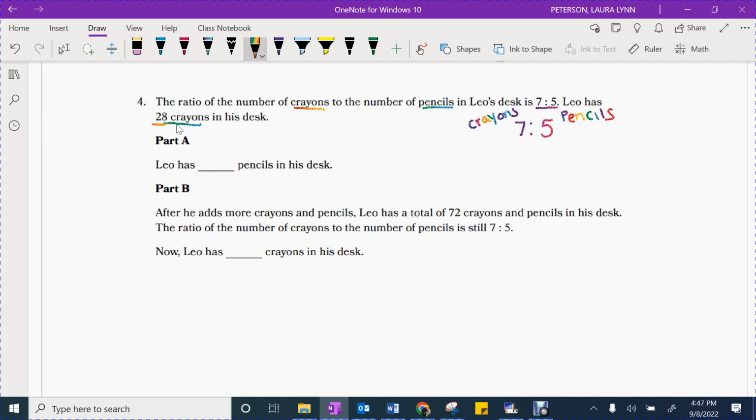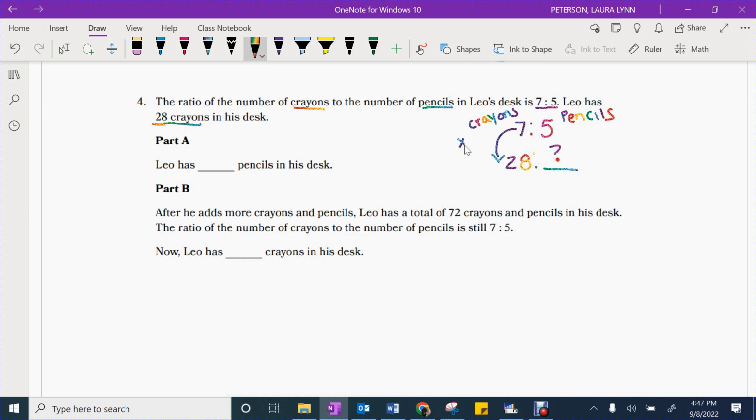What I'm going to do is match up the information I know. I know there's 28 crayons. So on my crayon side below, I'm going to write there's 28 of them. And what I'm trying to do is figure out this missing spot. I'm going to figure out these pencils. Well, with ratios, I want to make an equivalent ratio. And I do that with multiplication.